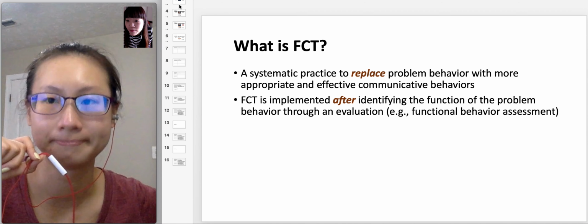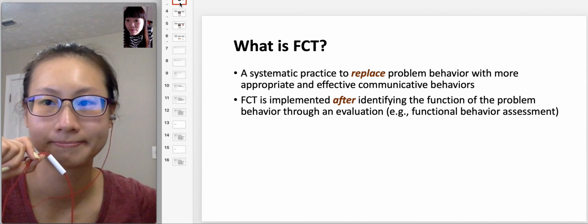That's what we did before. For example, if the result of functional behavior assessment indicated that a student's challenging behavior is possibly maintained by avoiding task demands, we can replace the behavior with more socially appropriate communicative behaviors.